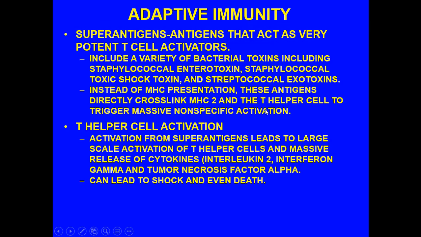Now, you got to be aware of a couple of other side things. One of them is superantigens. These are antigens that act as very potent T cell activators. These are a variety of bacterial toxins. They include, if you listen to the names, the staphylococcal enterotoxin, the staphylococcal toxic shock toxin, and the streptococcal exotoxins.